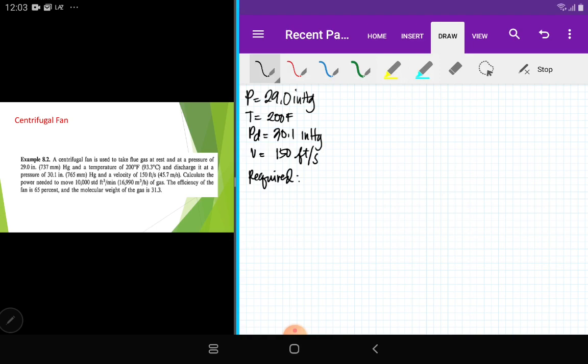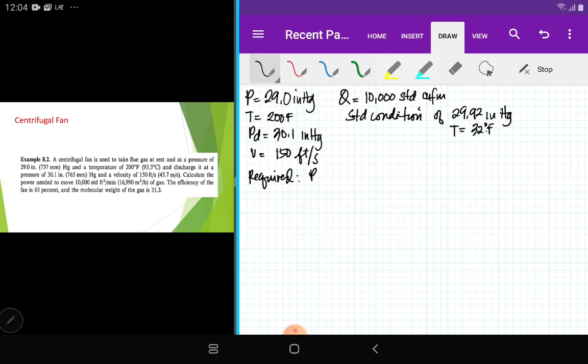We are required to calculate the power needed to move a volumetric flow rate of 10,000 standard cubic feet per minute of gas, using standard conditions of 29.92 inches mercury and a temperature of 32 degree Fahrenheit.